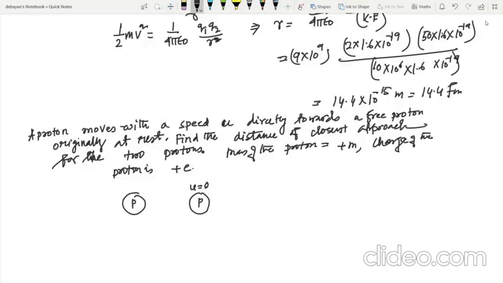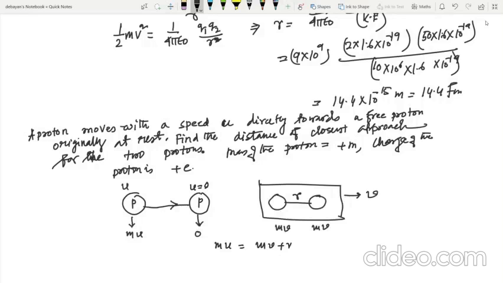Initially this particle has momentum mu and this has 0, and after that both particles have momentum mv, because both move with velocity v. Conservation of momentum gives mu equals mv plus mv, so v is equal to u by 2.